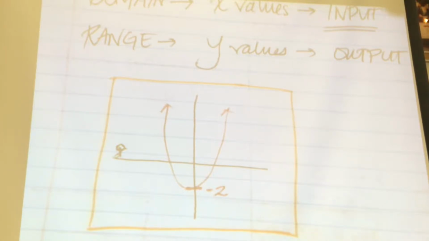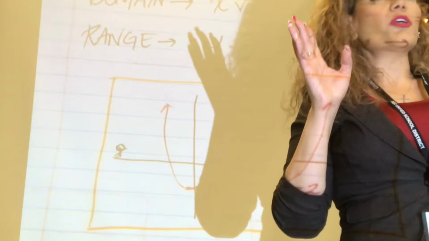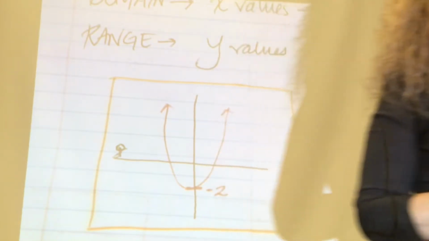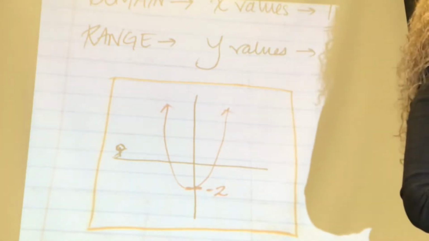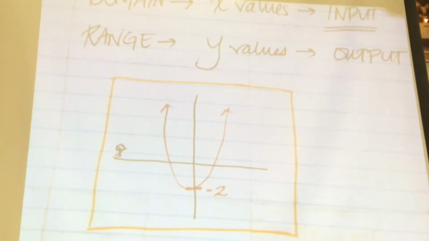Who feels better about domain and range now? Good. All right. So what we're going to do today is describe the domain and range of our rational functions. So how would you write this?